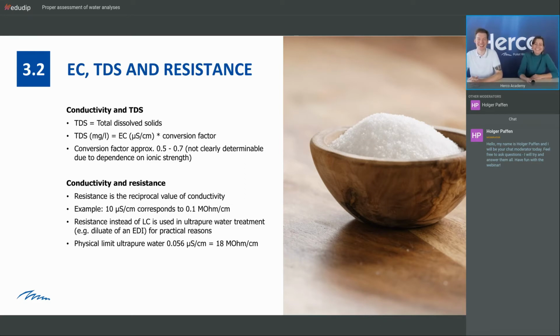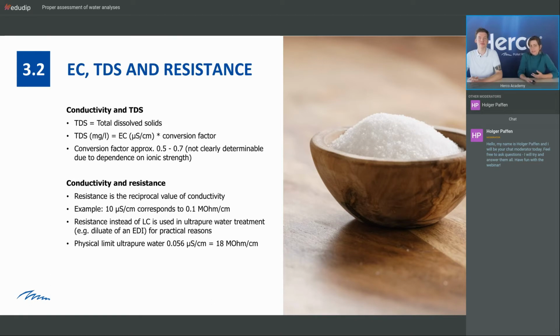Yes, the thing is, this is more or less a rule of thumb. It's not an exact value. This conversion factor depends a bit on the ionic strength of the solution. So depending on the total salt concentration, it will be somewhat different. Usually if you get a TDS handheld measurement that says you can measure TDS, it measures conductivity and converts with this factor.